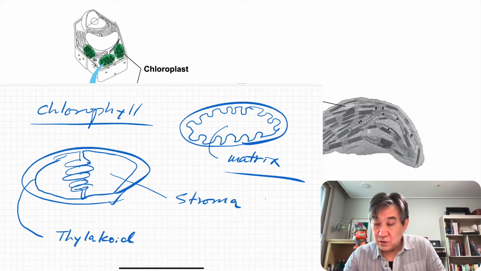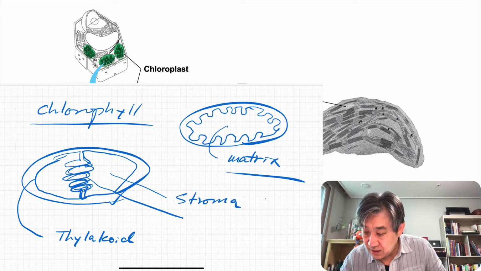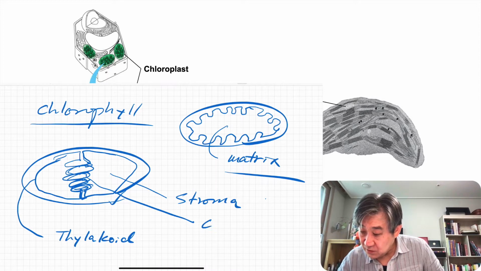And in particular, those very extensive foldings forming stacked sac-like structures are a lot of times called the grana thylakoid.